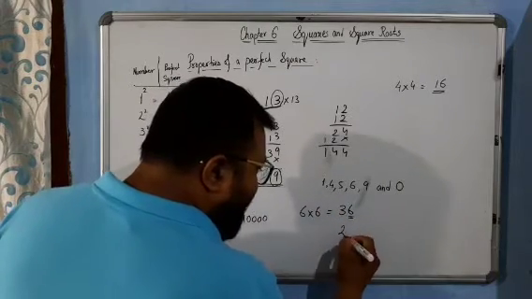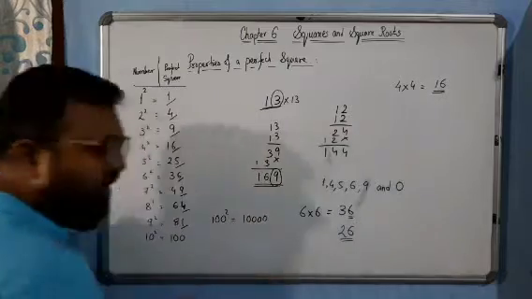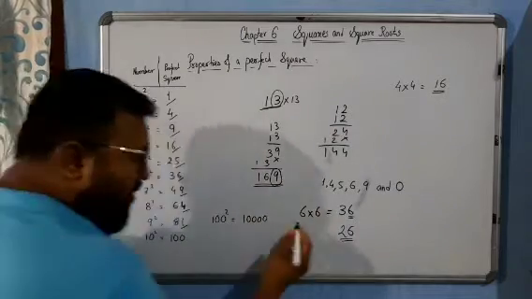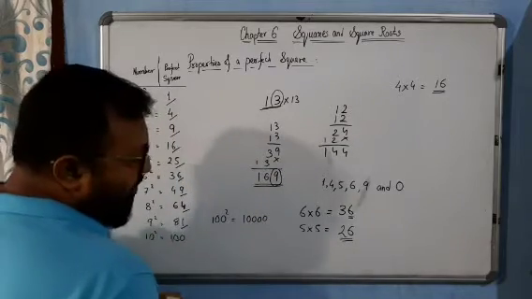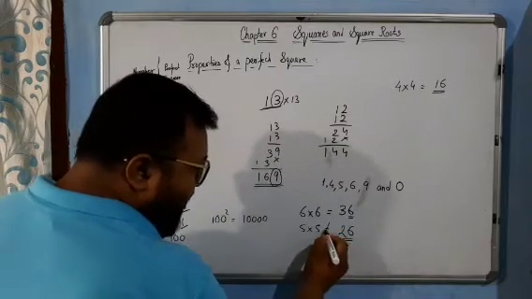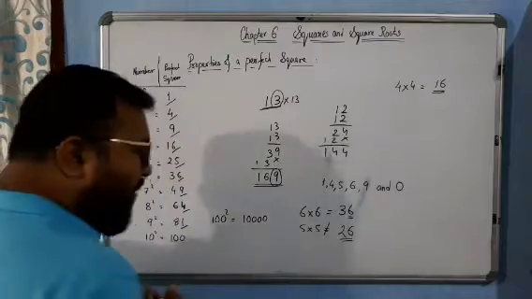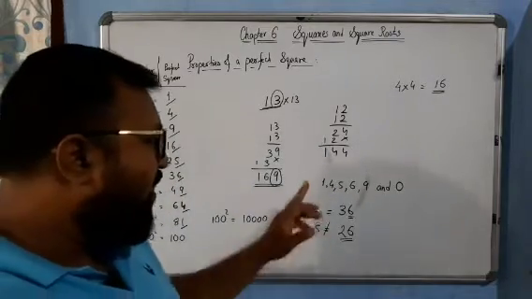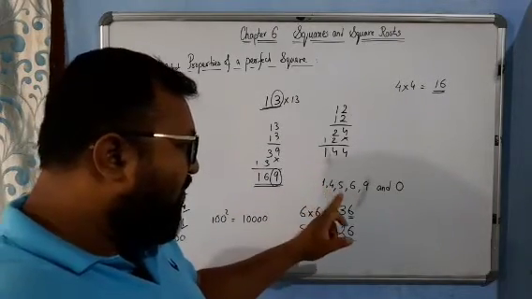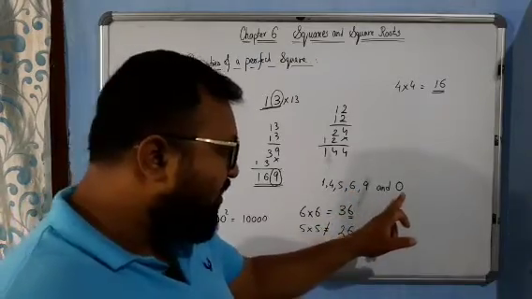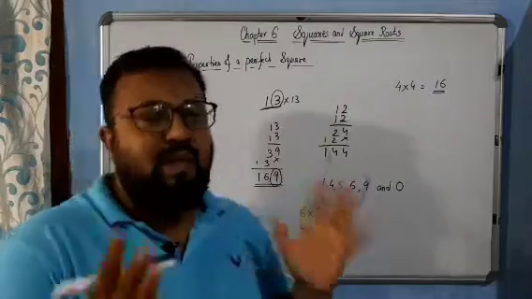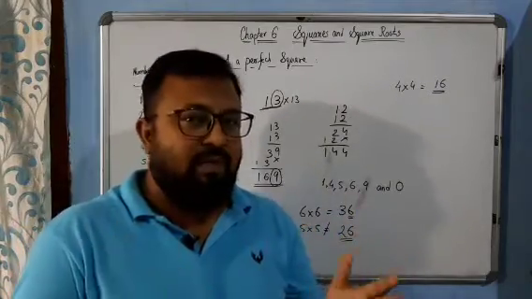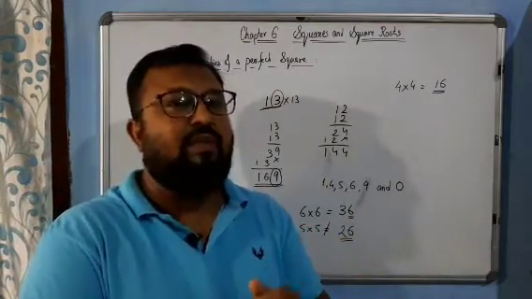But if I write 26, will it be a perfect square? No, because 5 into 5 gives you 25. It is not equal to 26. So the number which is having 1 4 5 6 9 or 0 in its unit place, it may be a perfect square number, but it doesn't mean all the time it will be a perfect square.